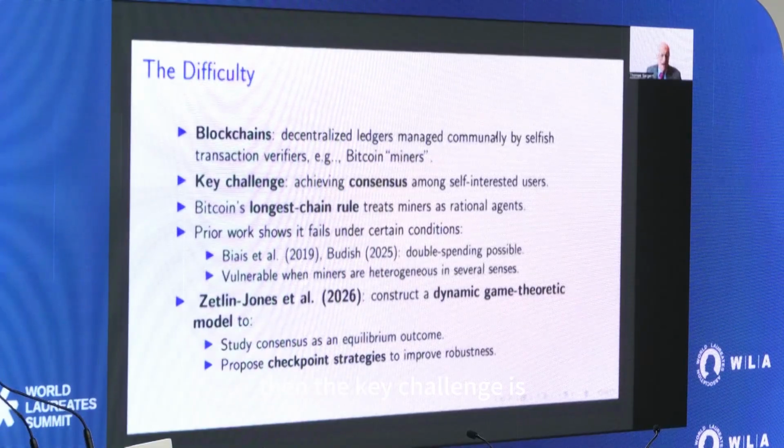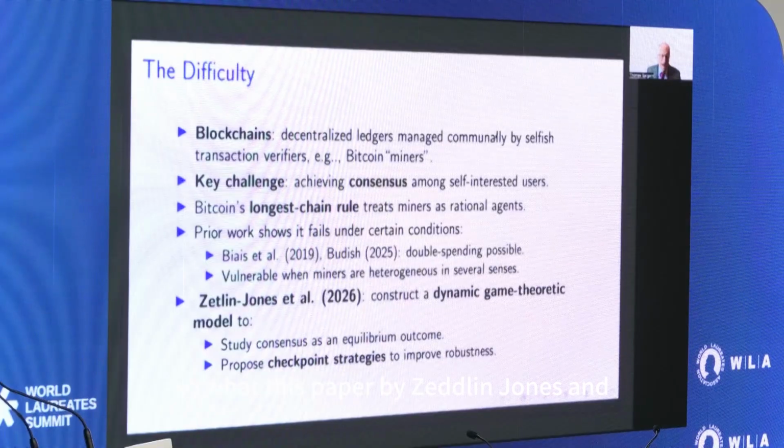The key challenge is you have to achieve consensus among self-interested users in order to get a transaction approved. So Bitcoin uses a so-called longest chain rule. The theory is that miners are rational profit-maximizing agents. And prior work shows that this fails under certain conditions.